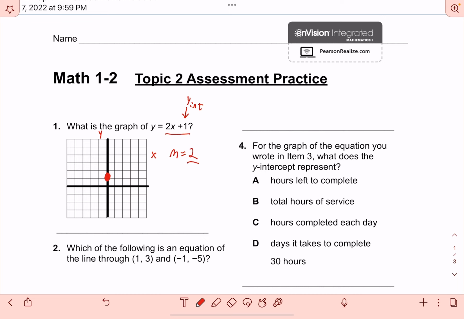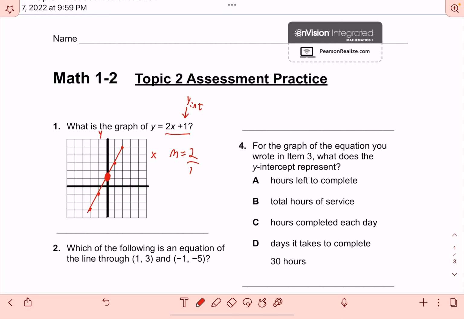Remember, 2 is just 2 over 1, which literally means we go up 2, right 1. Up 2, right 1. You can even go down 2, left 1. Down 2, left 1.